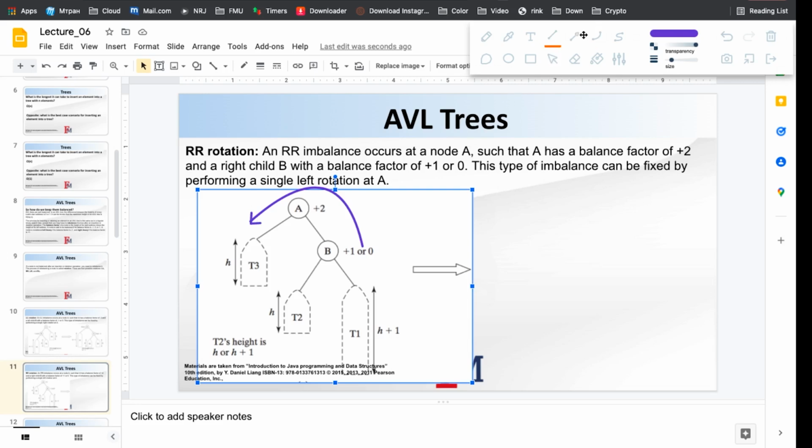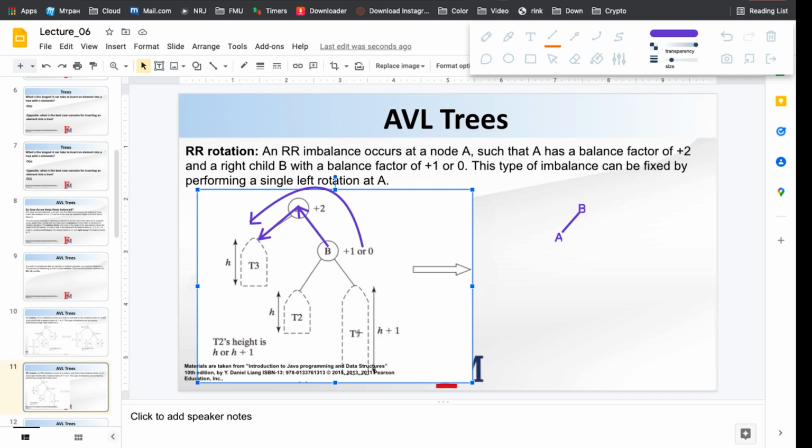So I'm going to bring B up, and I'm going to bring A down, like that. And again, I think the easiest way of thinking about it is not memorizing, but just thinking logically. So I'm bringing B up, I'm bringing A down. Gotcha, makes sense. Now let's think about what's supposed to happen to T3, T2, and T1.